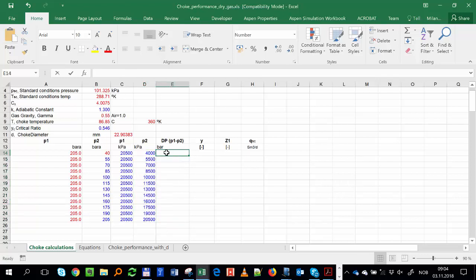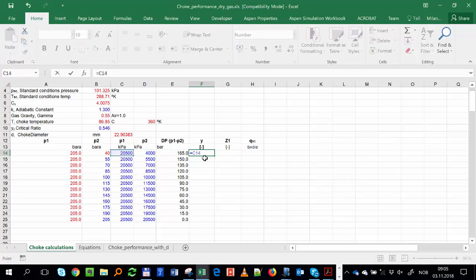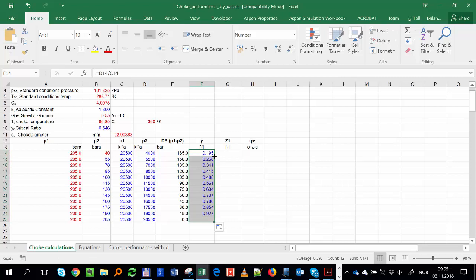Now the delta P is just the difference between the highest pressure minus this one, in bar, so A14 minus B14. That's just to make the plot, since we are plotting delta P versus rate. Then I calculate the pressure ratio, which is P2 divided by P1.